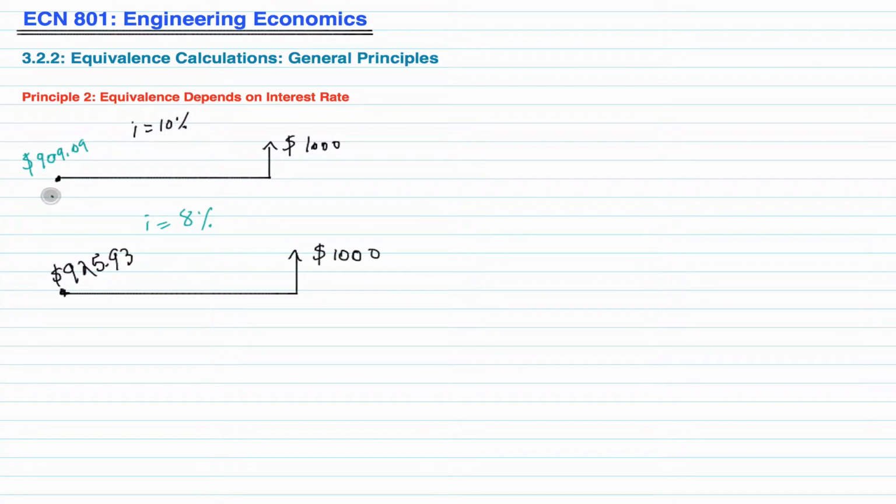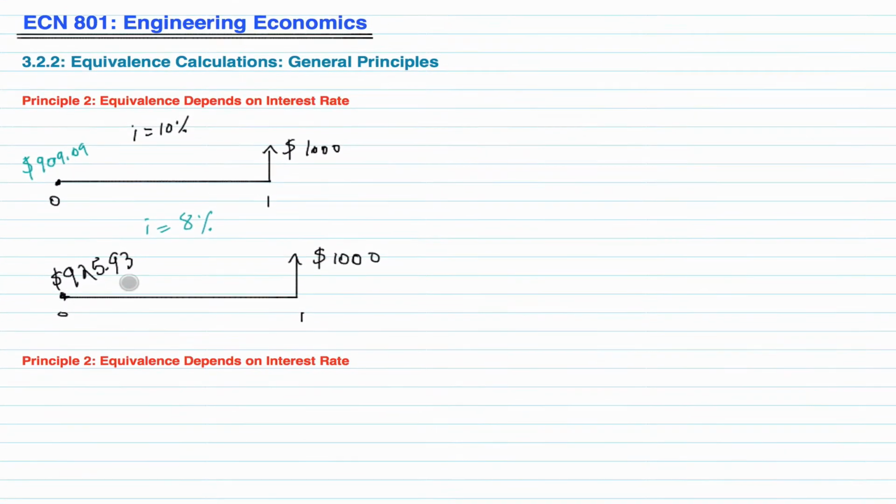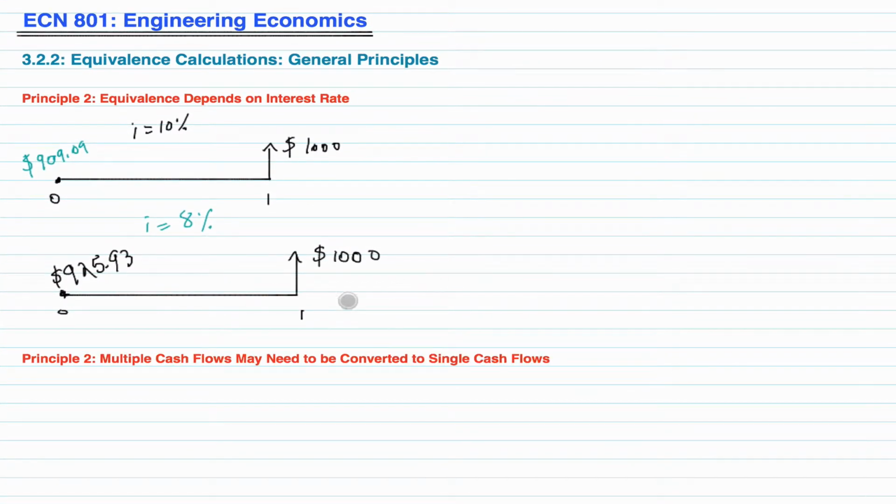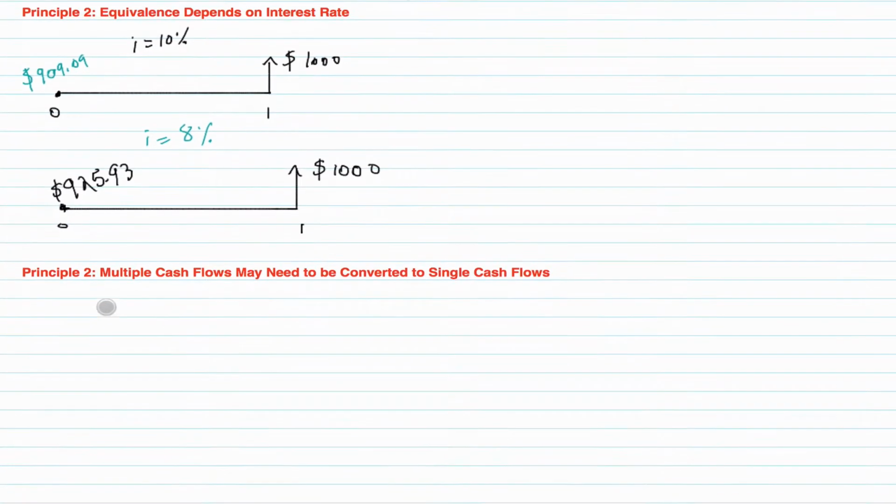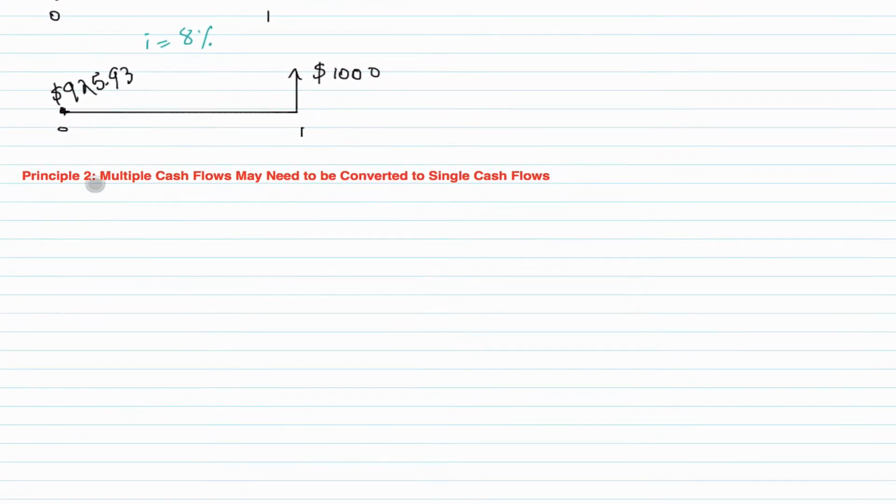So if this was 0 and 1, these two are equivalent at 10%, but they're not equivalent at 8%. So that's what the equivalence depends on interest rate principle is. Next one is principle 2.